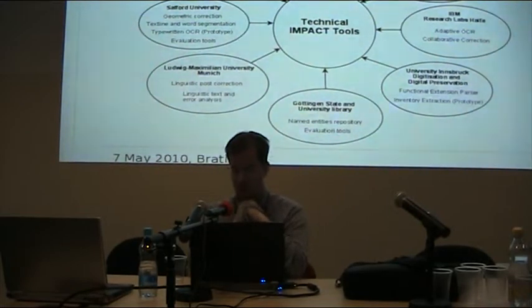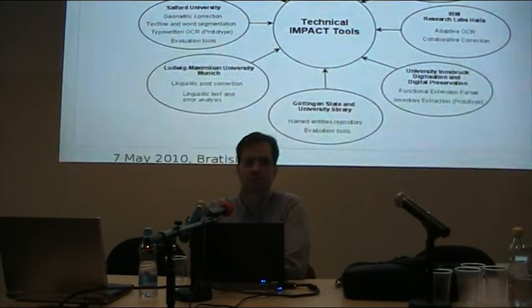We have the University of Innsbruck, the Digitization and Digital Preservation Department. They develop a software framework called the Functional Extension Parser, which mainly adds additional information to the OCR result. For example, layout detection and detecting semantic units on a page.